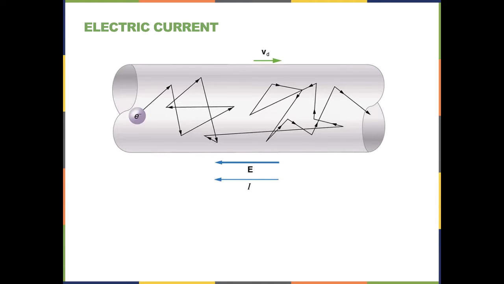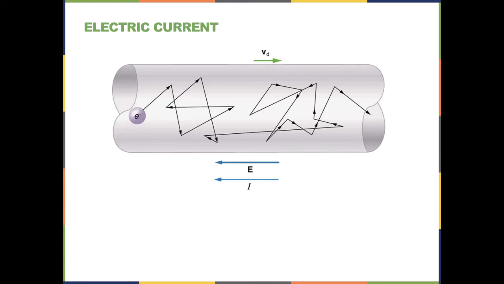Now this shows the actual path that the electron has to take in terms of its motion. Although we visualize it as something that moves straight through the conductor, the fact is that it moves in a very haphazard and wild way across the conductor as it's moving from the left side to the right side.